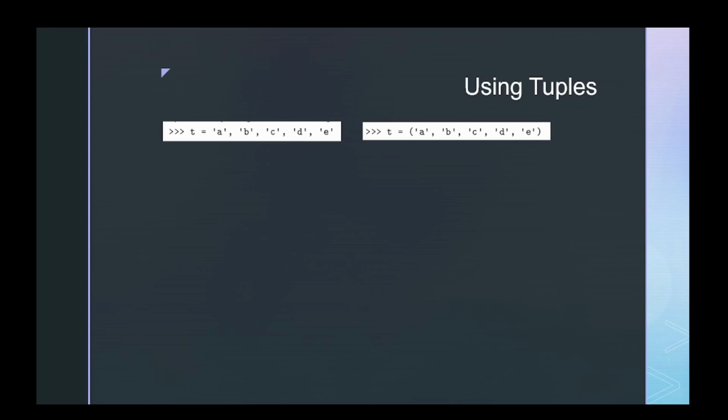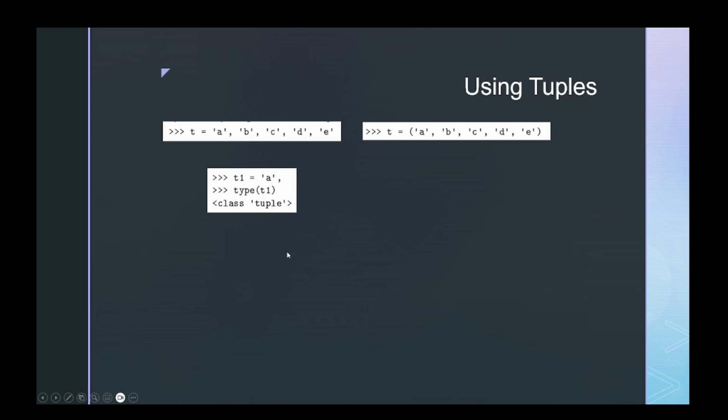If I want to use tuples, I have two different ways of creating them. The first way is just to give a variable equal to a list of comma separated values, or I can enclose those comma separated values within parentheses. They both do the same thing.